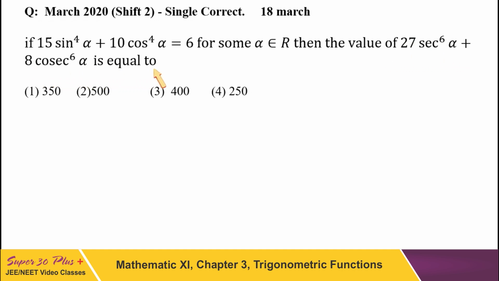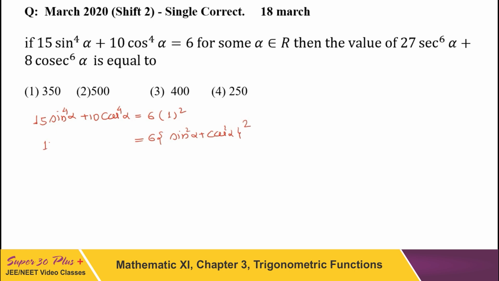Okay, first of all we have to simplify 15 sin to power 4 alpha plus 10 cos to power 4 alpha equals 6. Write down here the 1 square, and you can write 1 as sin square alpha plus cos square alpha, and it will become sin square alpha plus cos square alpha whole square. Now simplify it.